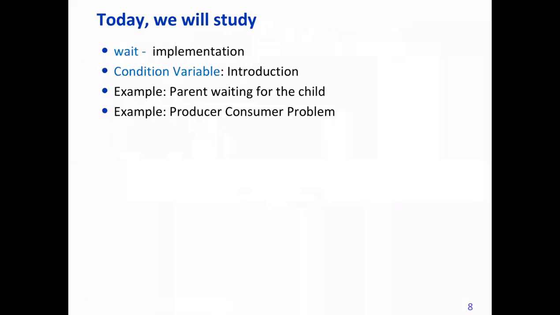Today we'll study how in general we can implement wait. Then the rest of the lecture will be on condition variables. When we say wait implementation, what do we mean by that? A process or a thread is in execution, and then it has to wait for some other thread to complete its task, and then it will get a result from that thread.